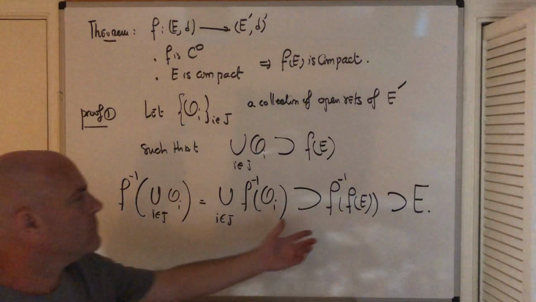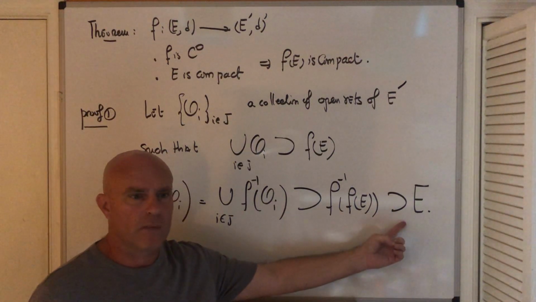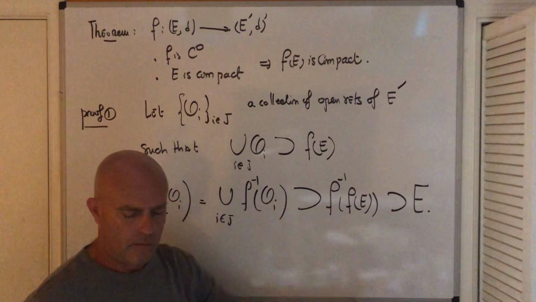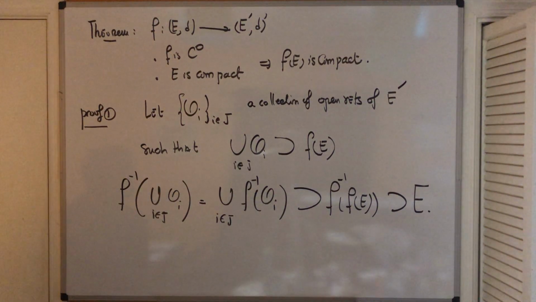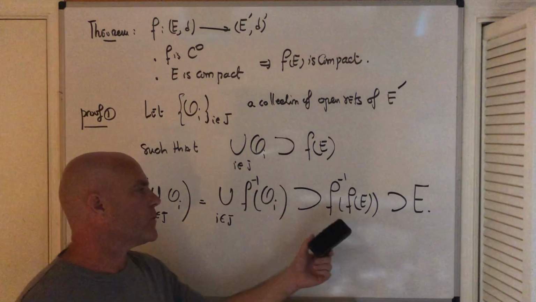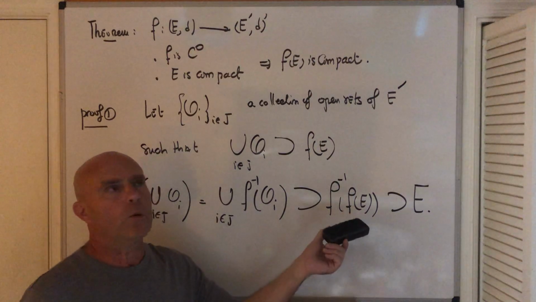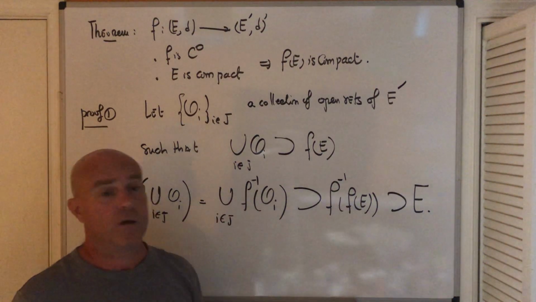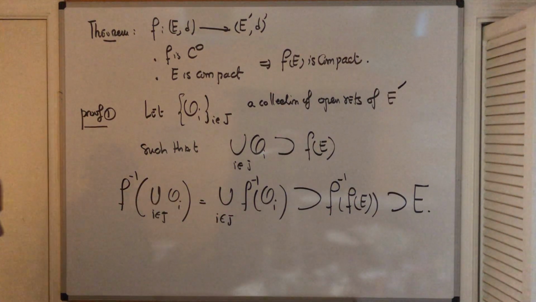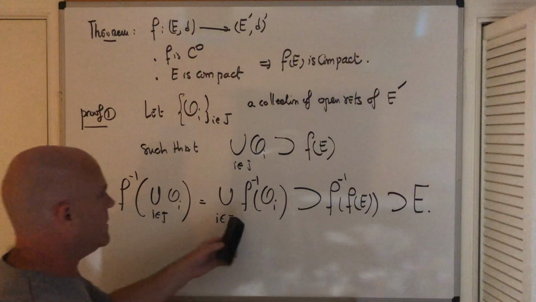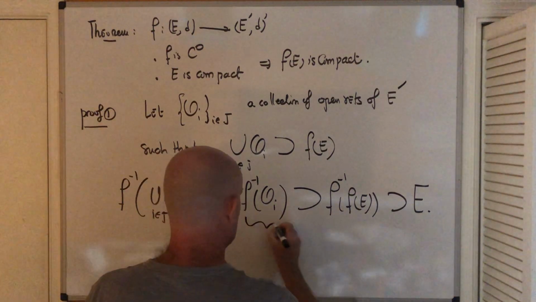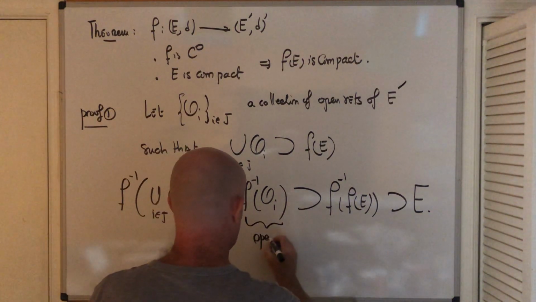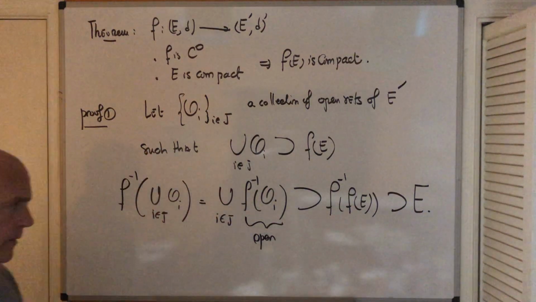That's also classical from set theory. I want to refer to the knowledge you learned, for example, in discrete math or in modern analysis. All right, so this means what? Those sets are open because f is continuous: the preimage of open sets are open.